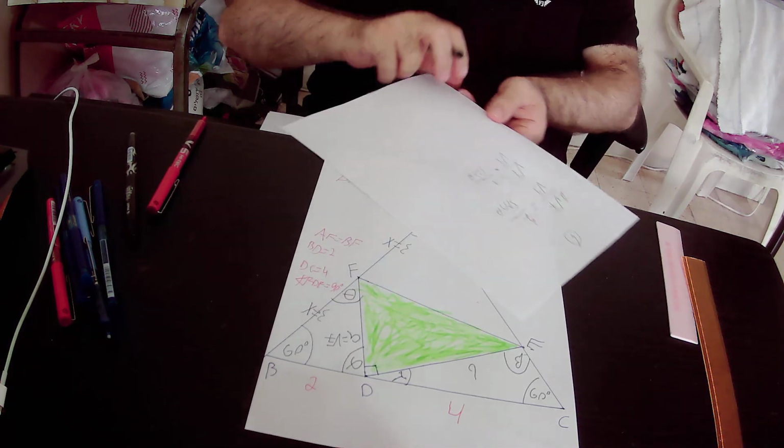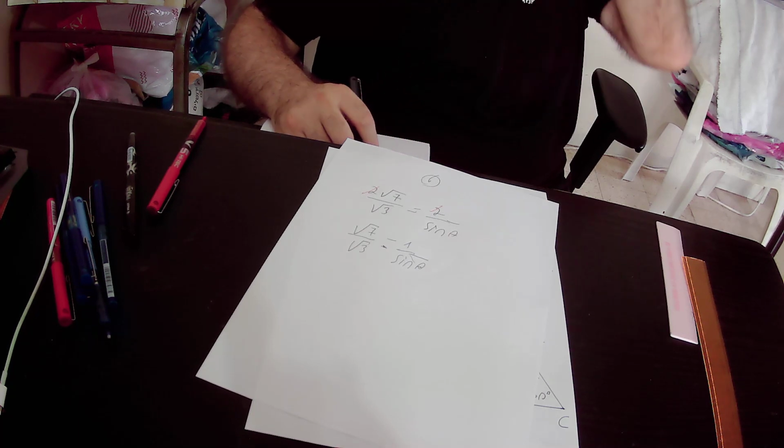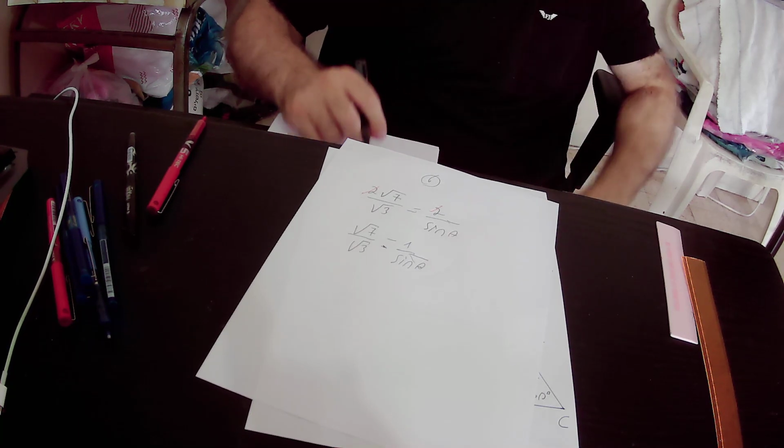Okay, we got that root 7 over root 3 equals 1 over sine theta.